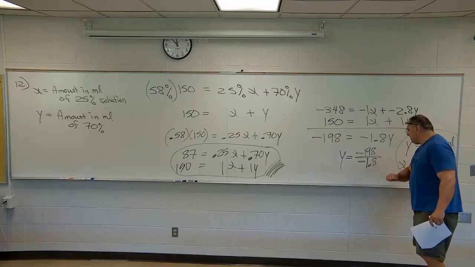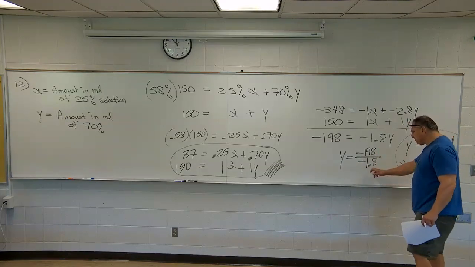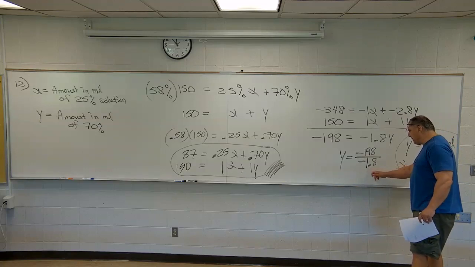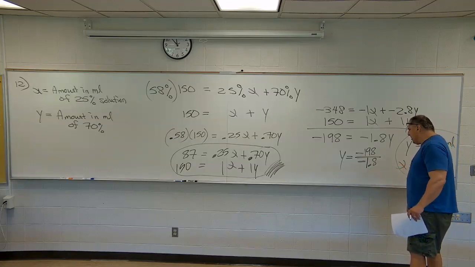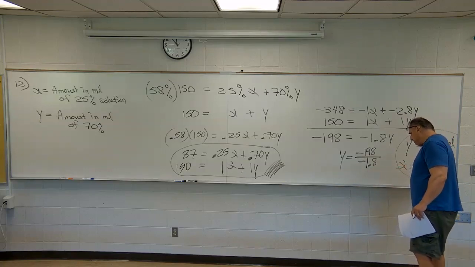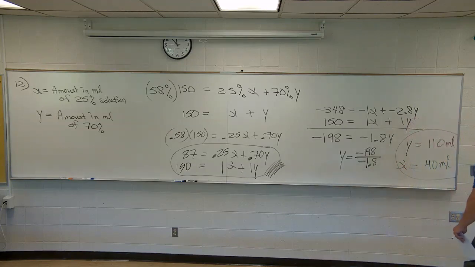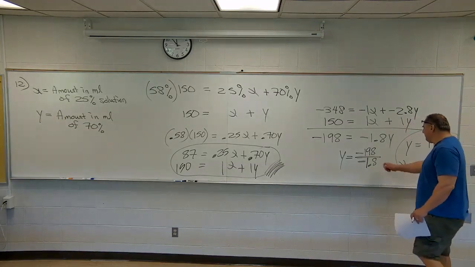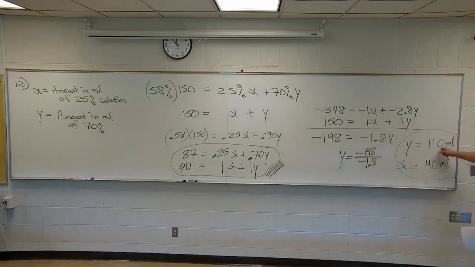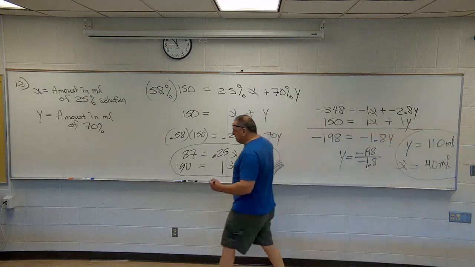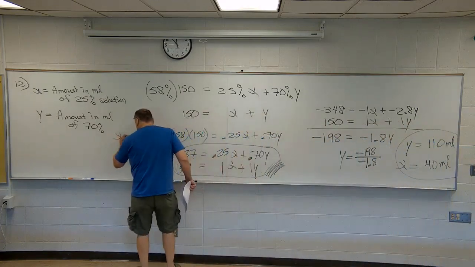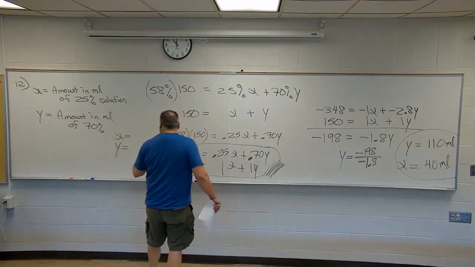If I multiply just the 1.8 by 11, I would get 19.8. That's a factor of 10 off of here. Multiply by 10, you get here. That's definitely the right answer. X equals 40.